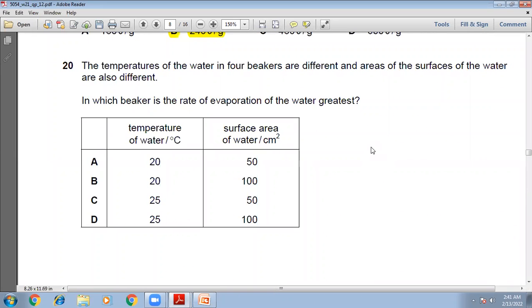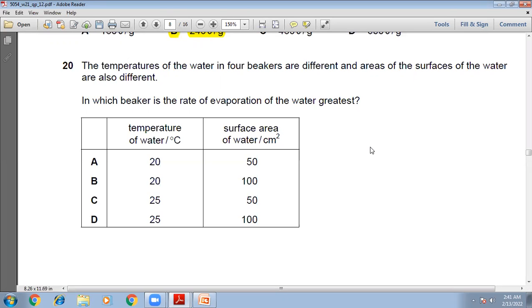The temperatures of the water in 4 beakers are different, and areas of the surfaces of the water are also different. In which beaker is the rate of evaporation of the water greatest? The rate of evaporation depends upon a few things. The more the temperature of the water, the faster the rate of evaporation.